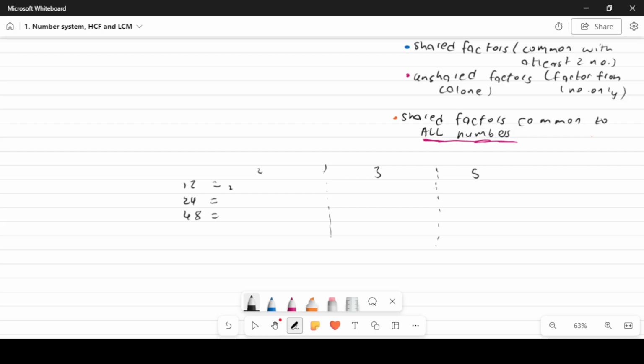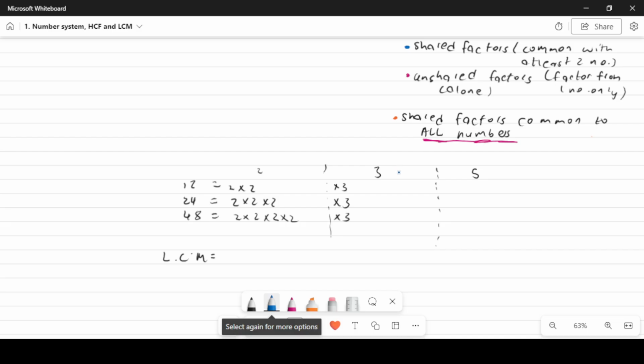See, 12 is 2 times 2 times 3. 24 is 2 times 2 times 2 times 3. And 48 will be 2 times 2 times 2 times 2 times 3. Right? So we have to find the LCM between these three numbers. We will first find what the shared factors are.